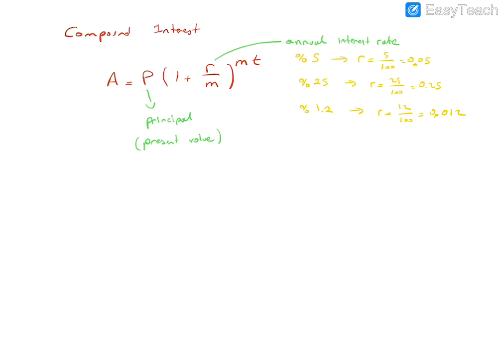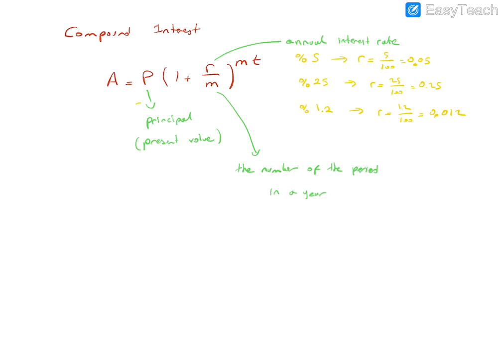So the rate r is compounded m times a year. So m is the number of periods during one year. How can I define m well? m is the number of periods in a year.